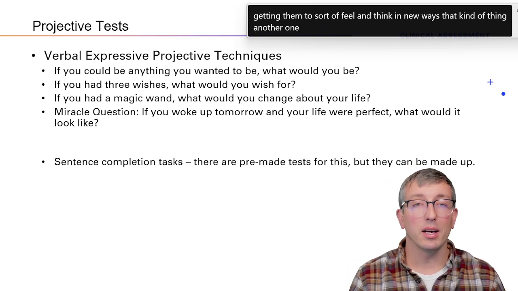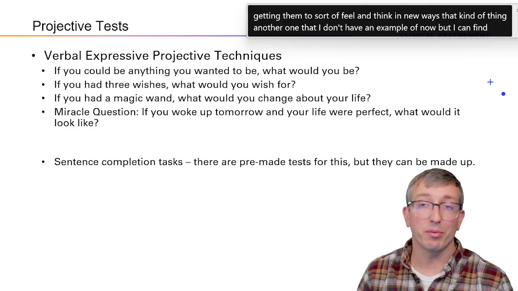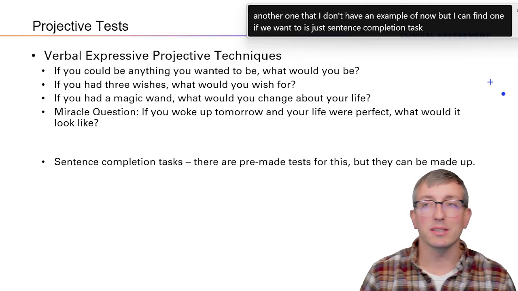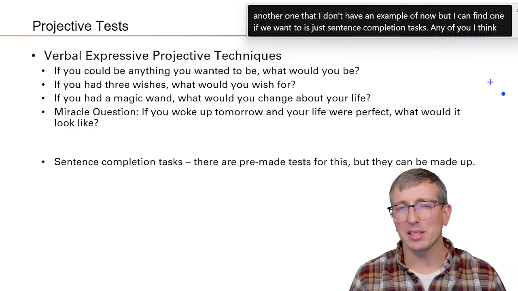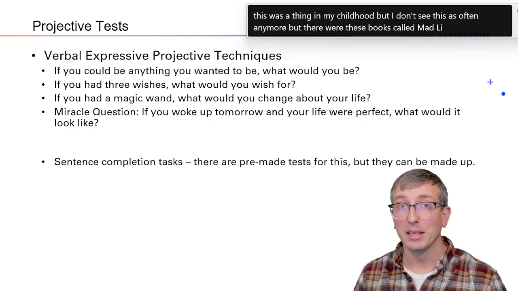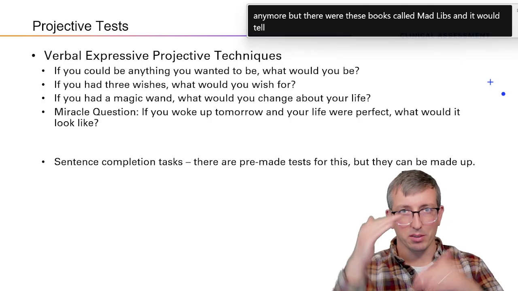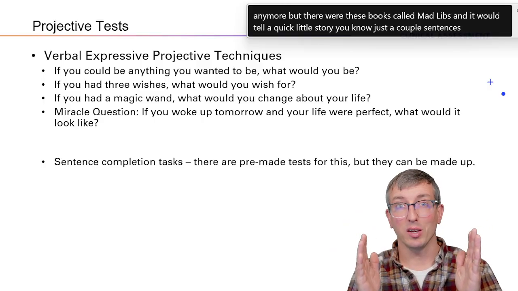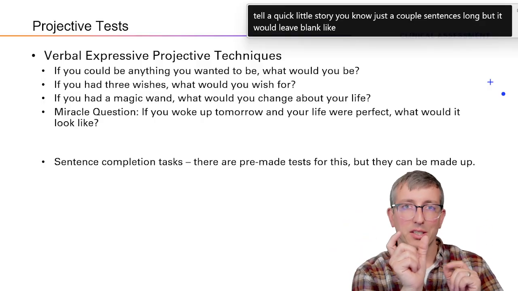Another one that I don't have an example of now, but I can find one if we want to, is sentence completion tasks. Did any of you have these books called Mad Libs? I think this was a thing in my childhood. It would tell a quick little story, just a couple sentences long, but leave blanks like adjective and noun.